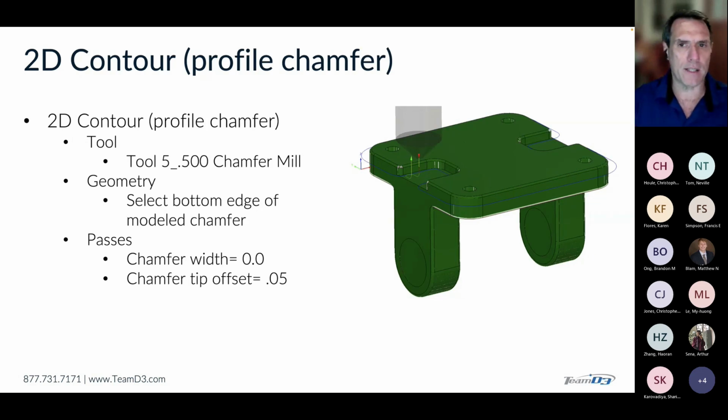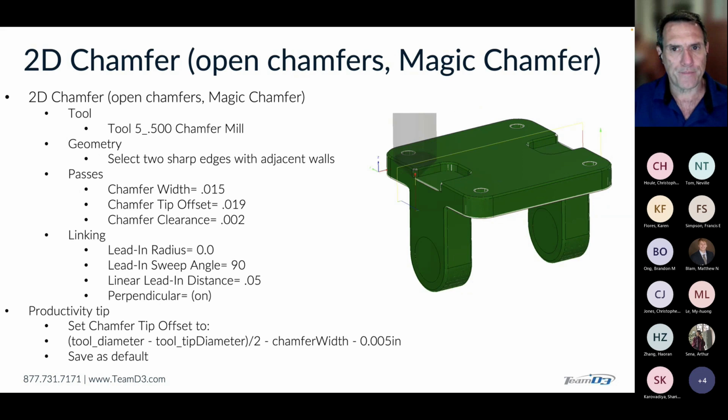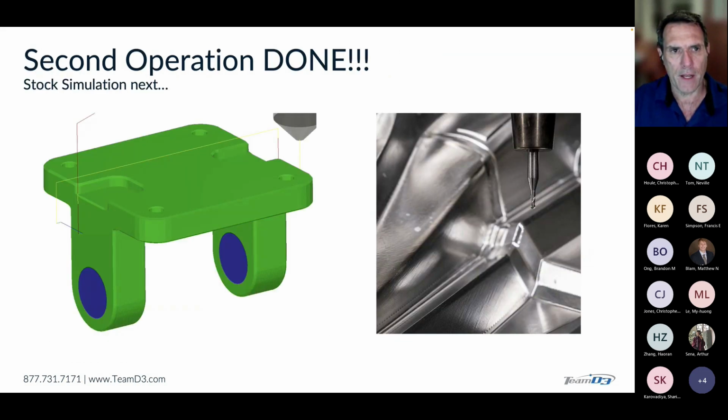Now that chamfer does exist in the CAD file, and it's a really interesting process how to do a chamfer. The key is to use the lower edge to be able to select that. Then just using a quick drill operation to again soften the edges of those holes. And one more time adding a couple additional chamfers just to make that a higher quality part.